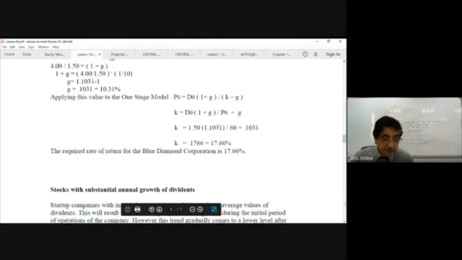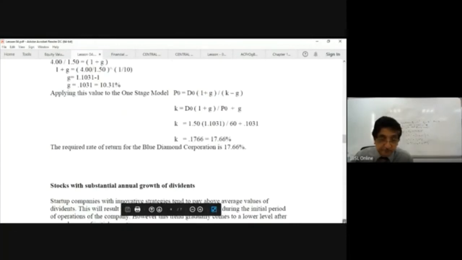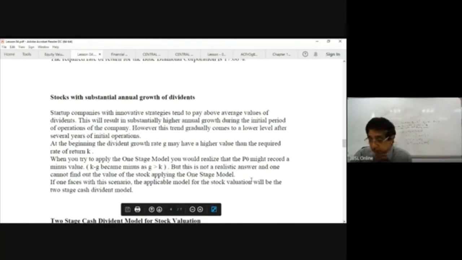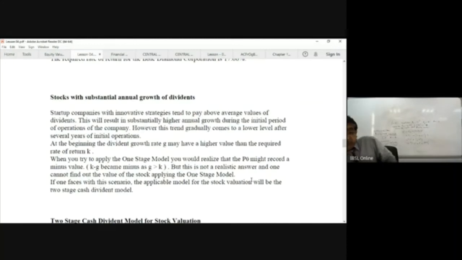The stocks with substantial annual growth of dividends. Now, as I told you earlier, some startups, in order to attract shareholders to the company, tend to pay very high dividends. It results in substantial growth in the first couple of years, the initial periods. However, this trend gradually comes to a lower level after several years of initial operations.